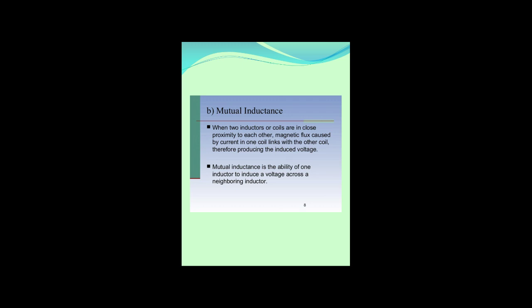Next is mutual inductance. In the case of mutual inductance, when two inductors or coils are placed in close proximity to each other, the magnetic flux caused by current in one coil links with the other coil.